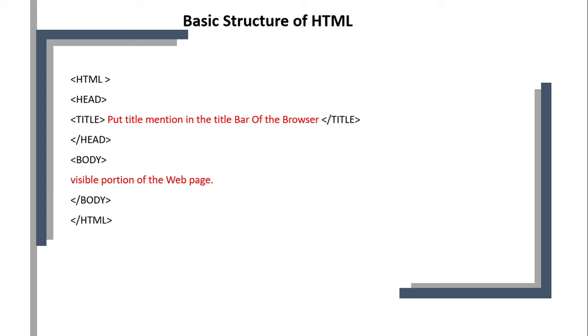The wording you want to define your program with, you write into the title. It is shown in the title bar of the browser, and this complete text appears in the tab of that web page. After the title is closed, we have the slash head, which completes the heading section, and then we start the body section.